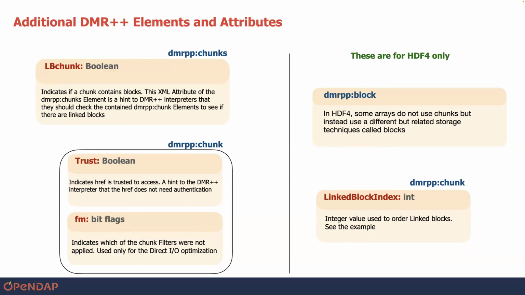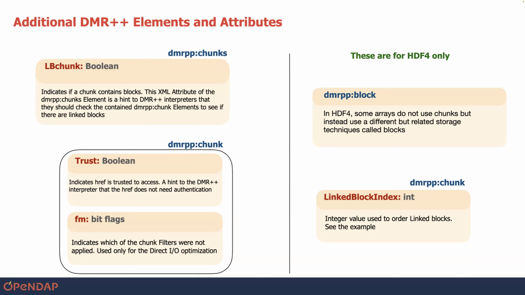And then the DMR++ chunk can have an attribute called the linked block index, and that correlates to the thing I mentioned in the upper left corner there, LB chunk, the Boolean. This is the attribute that the interpreter would be scanning for if LB chunk were true.